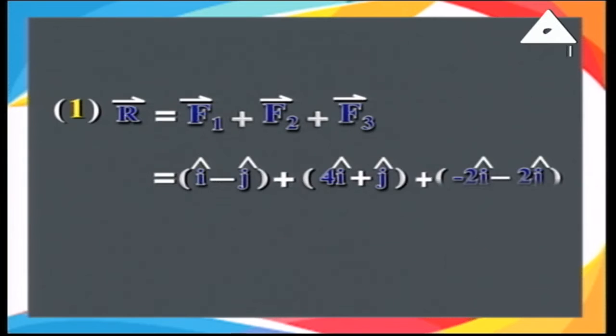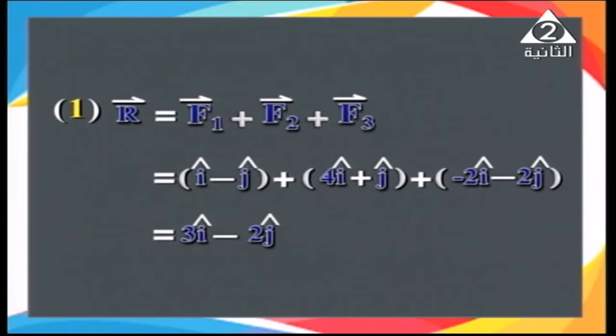Look at, my dear student, number 1: the resultant vector R equals F1 plus F2 plus F3, the resultant of the forces which act at the points. By adding I with I and J with J, we get 3I minus 2J.